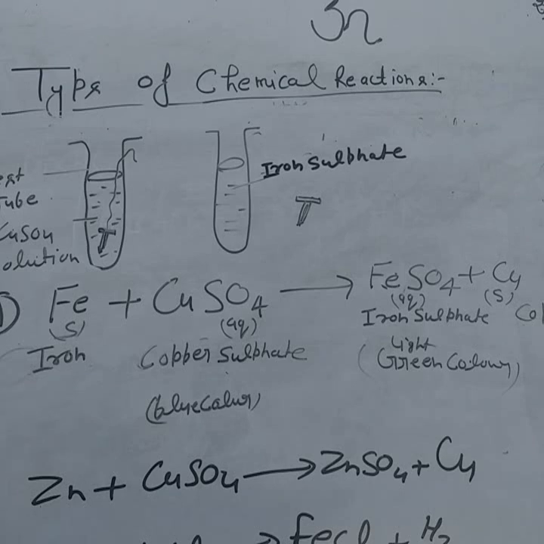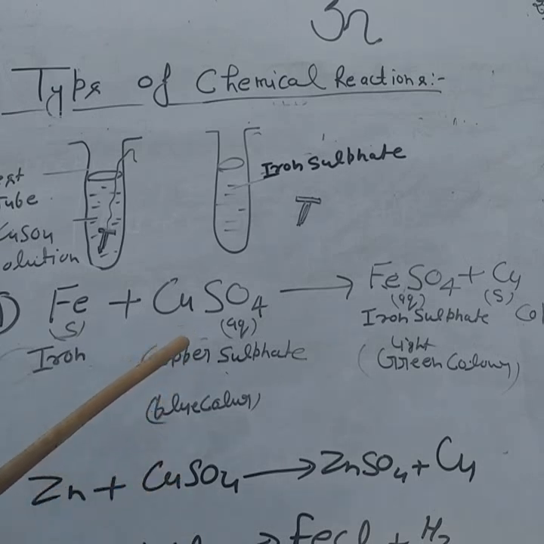The displacement of an element by some other element is according to a particular series called the electrochemical series or metal activity series. These reactions follow this series. The higher activity metal displaces lower activity metals.